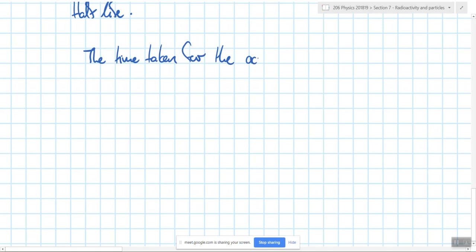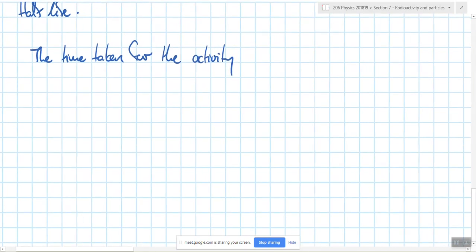I'm taking the activity, and that's like the number of little particles that are coming out per second.